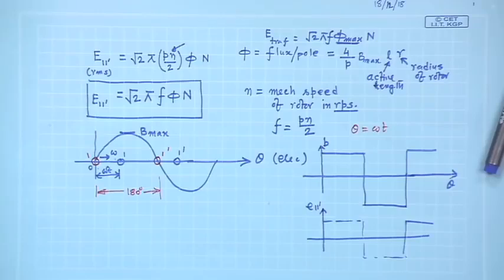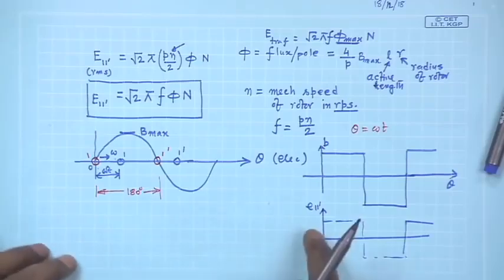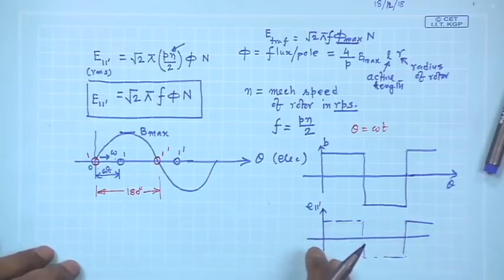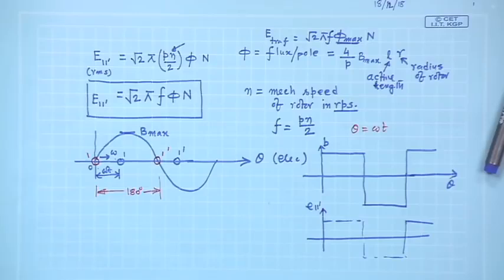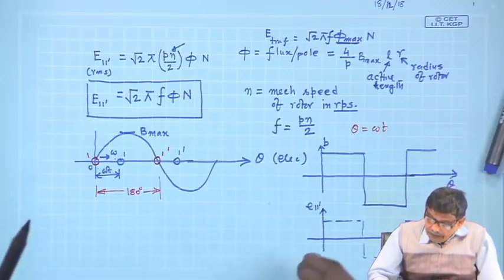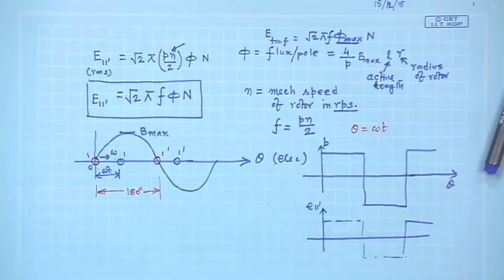But another way of looking at it: you find out this sinusoidal voltage, and then suppose you want to examine how much of it is the fundamental component and what are the harmonic components of the voltage.